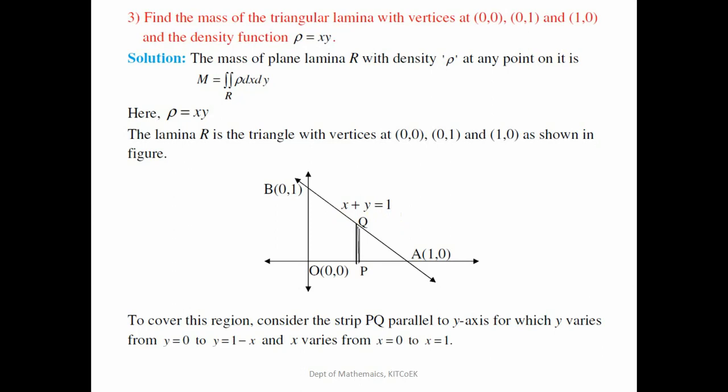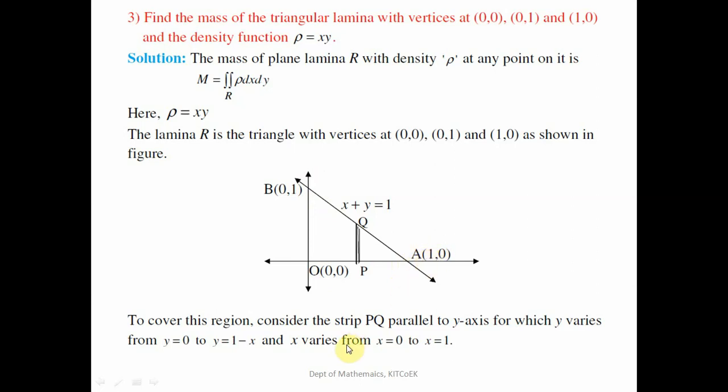And then to cover this whole region, we need to slide that strip throughout the region. Sliding starts from the y-axis to the point A. On the y-axis the value of x is 0, and then the region gets completed at the point A where the value of x is 1.